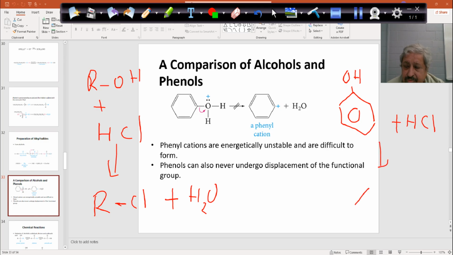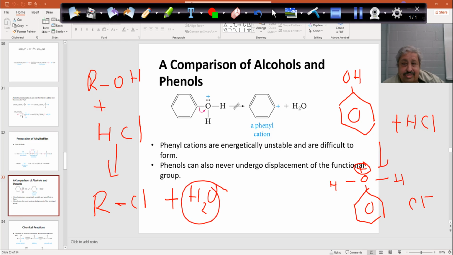So what you'll make out of this is a hydronium ion, H here and H here, and here is the Cl minus, and here is plus. Okay, guys, that's what you can make. However, you cannot get H2O. You cannot pull H2O out of this.